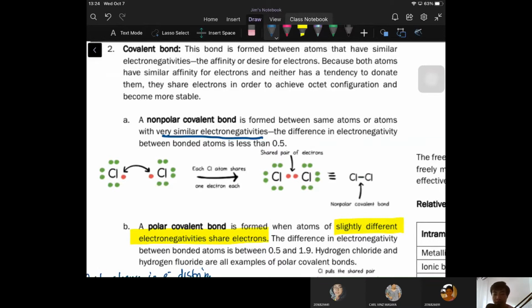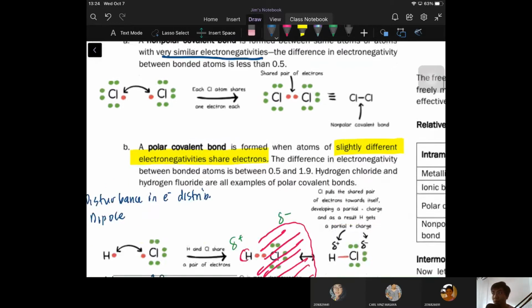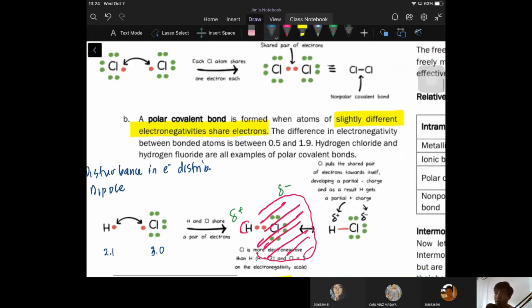So, pwedeng nonpolar yan, wherein the electronegativity difference is low, mababa lang. Kapag polar covalent bond, medyo malaki yung electronegativity difference, no? So, as a result, may disturbance ng electron causing the molecule to be dipole. So, kapag dipole, may partial charges ka. The most electronegative atom will have the partial negative and the least electronegative atom will have the partial positive.